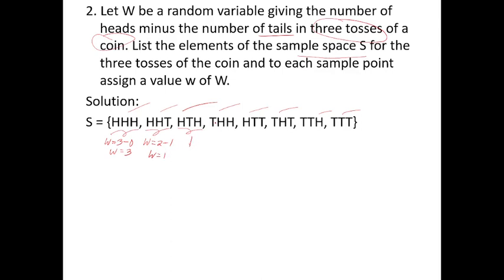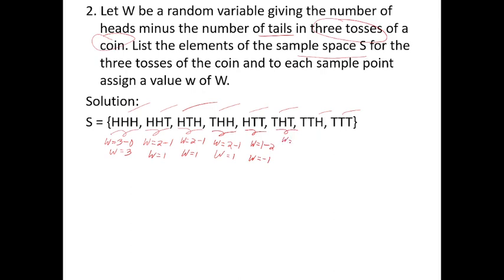Here, number of heads 2, number of tails 1. 2 minus 1, so 1. Here, number of heads 2 minus 1, so 1. Here, number of heads 1 minus number of tails 2, so negative 1.